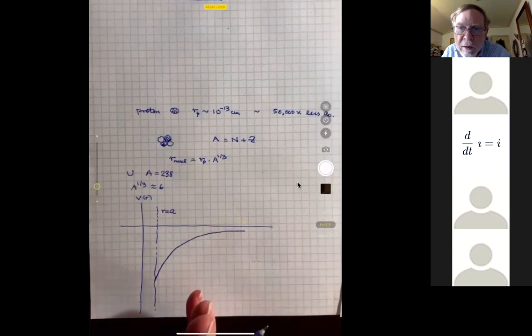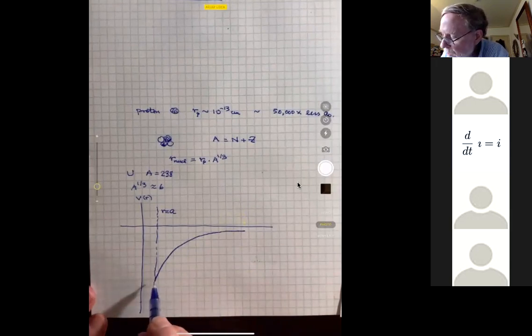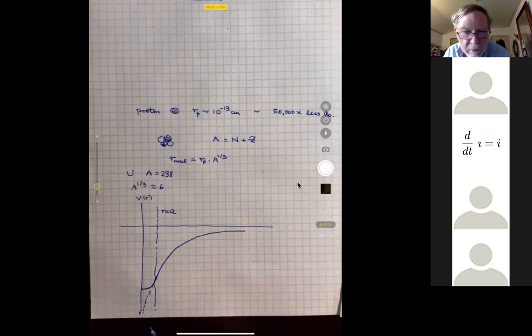Outside the nucleus, the charge density falls to 0 rapidly, and you just get the external field, which is by Gauss's law just determined by the charge inside. But inside the nucleus, the potential rounds off and becomes softer and goes to a finite value at R equals 0, like this, instead of continuing on down to negative infinity, as Coulomb would predict.